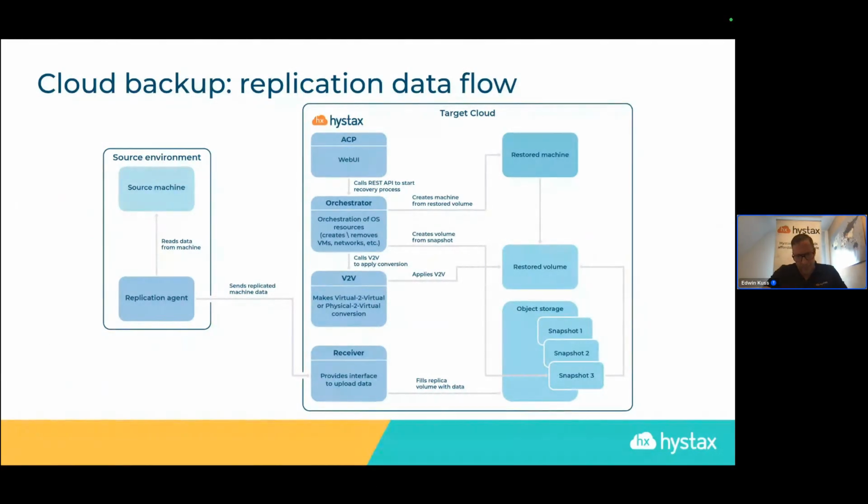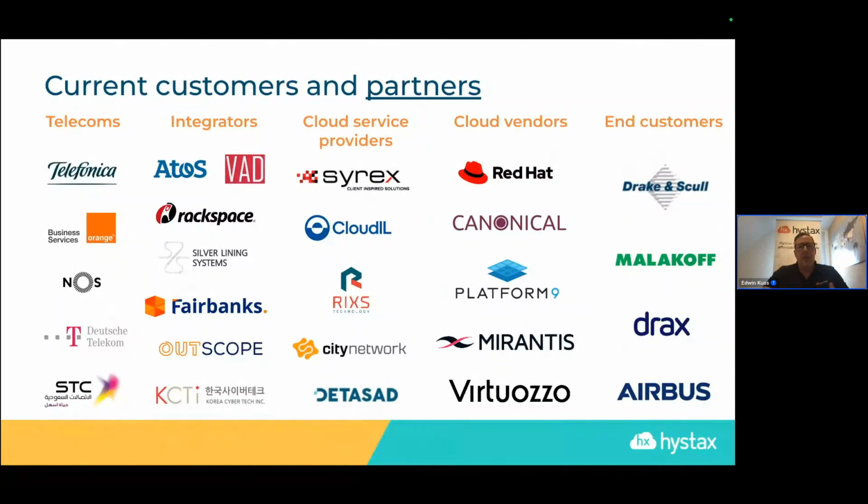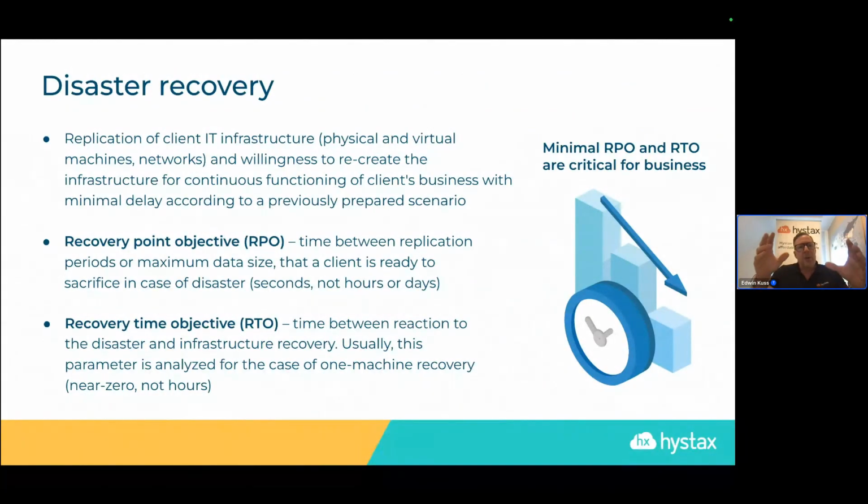It's cheaper. And this is why Hystax now offers the so-called double storage, the combination of the two worlds, backup and disaster recovery, where we can combine both storage types. So I recommend to our partners, why not be smart and store the very last, or the last 3 snapshots or restore points, in block device storage so that you still benefit from this very fast RTO of just the booting time of the machines.